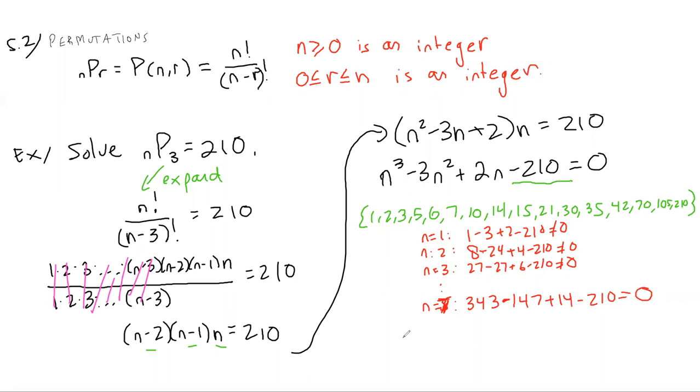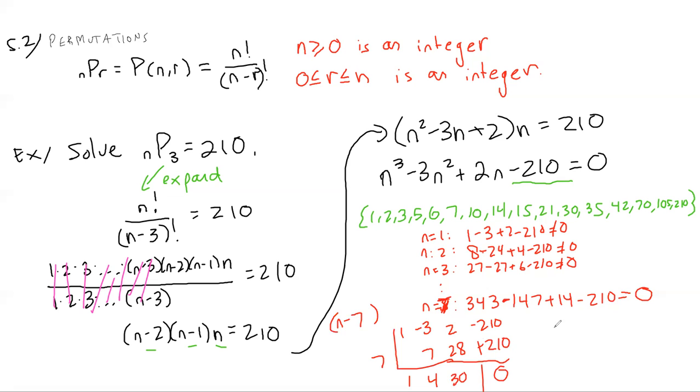So total review here. I know that I can take n minus 7 out. If I do that, this should hopefully work out. So bring the 1 down. Remember, those are the coefficients of the polynomial, the n cubed minus 3n squared, etc. So multiply by 7 and add, multiply by 7 and add, multiply by 7 and that's 0, so we are good.